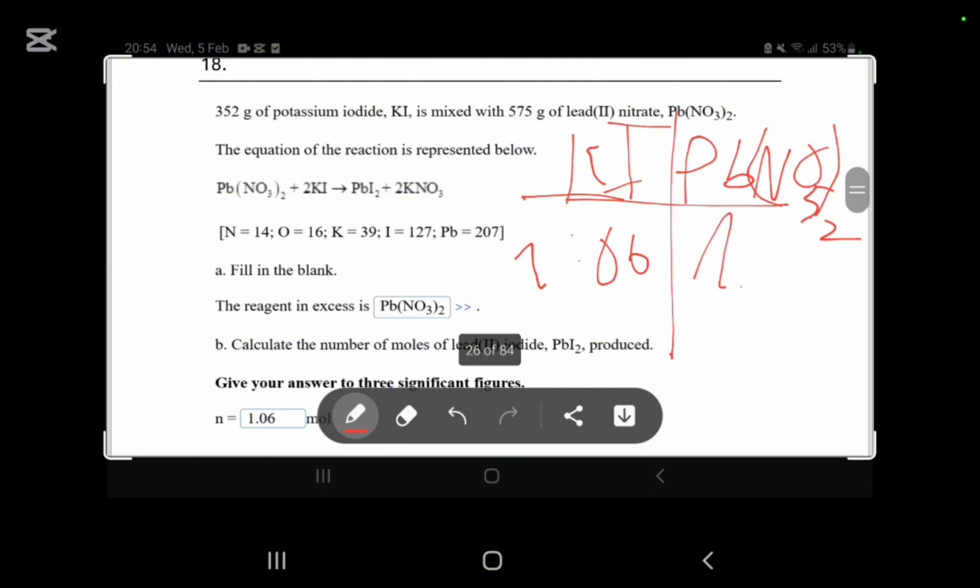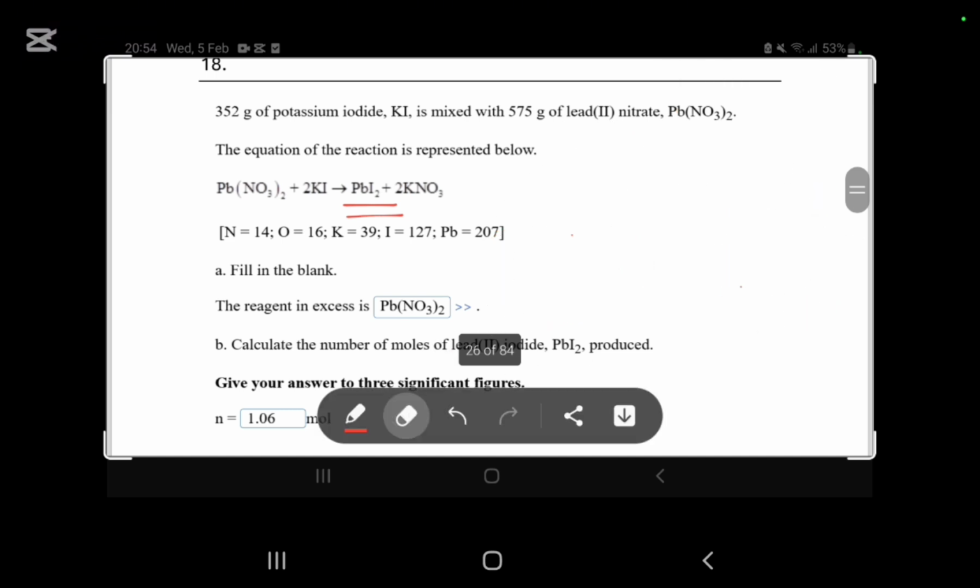And then this is 1.83, so we can tell that this is more. Wait, how is it? Oh, they want the one in excess, so it's gonna be this. And since PbI2 has the same coefficient, the moles per coefficient is gonna be 1.06, since we use the limiting, not the excess, so it's gonna be 1.06.